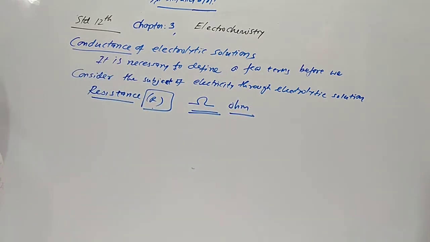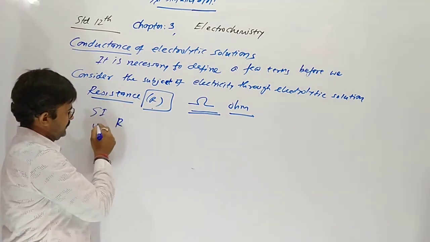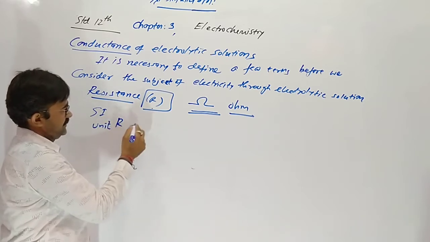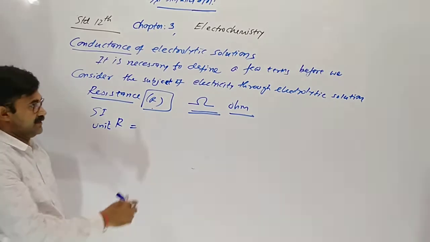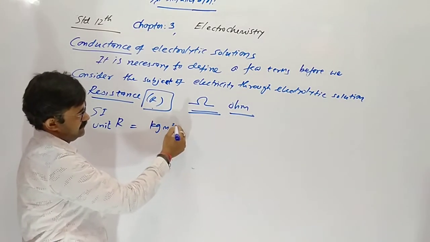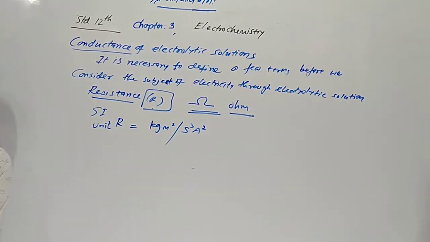In SI units, ohm, that is R, is equal to kilogram meter square per Siemens cube A square, where A is area.